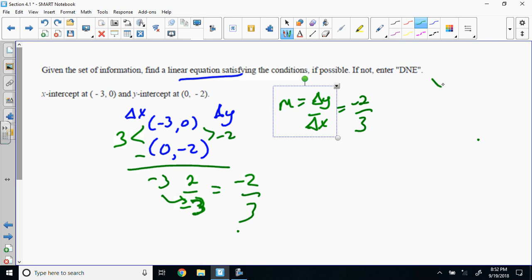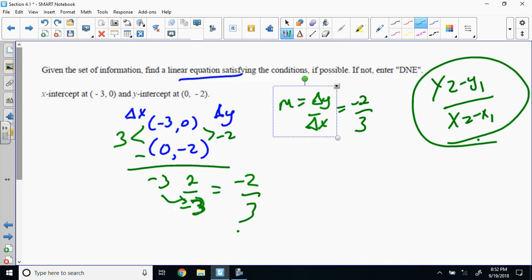That's what y2 minus y1 over x2 minus x1 is. This is changing x, so it comes underneath, right? Does that make sense? It's delta y over delta x. So that's why the 3 comes underneath.